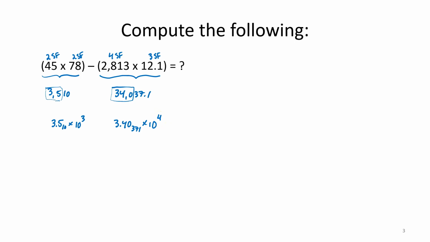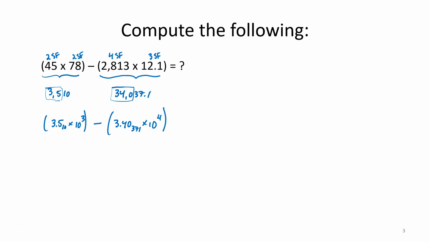So now I've taken care of the multiplication in parentheses. Now I've got to do this subtraction. So now I'm following a different rule and I'm paying attention to decimal places, but remember, I've got to convert these exponents to the same power.